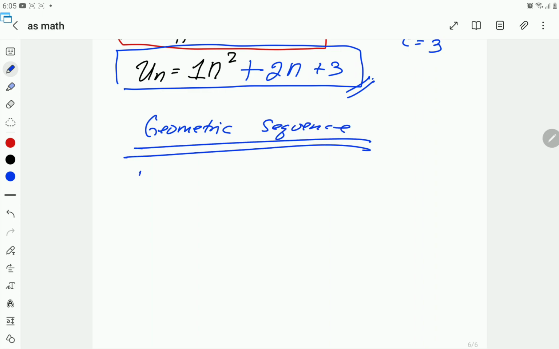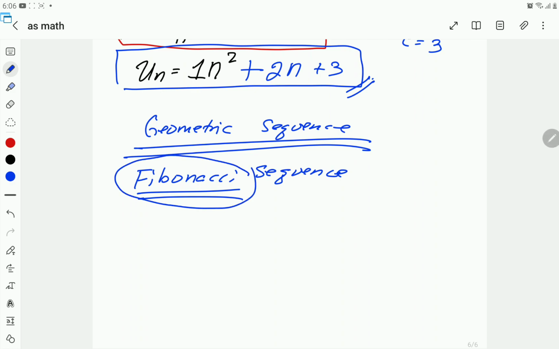There is also a very famous one, the Fibonacci sequence, wherein many things in nature, flowers, bees, the dimensions of our body, follow the Fibonacci sequence.